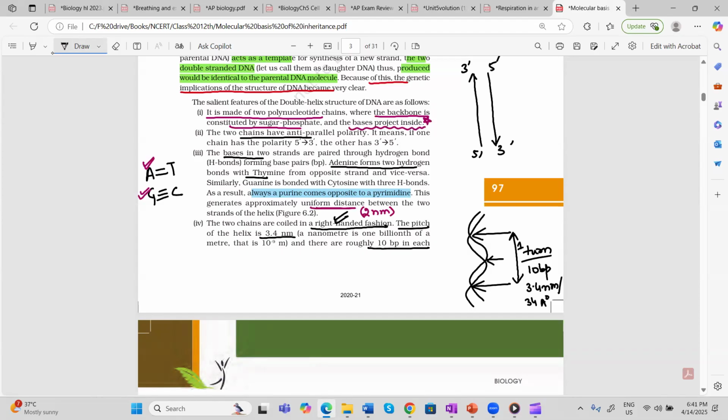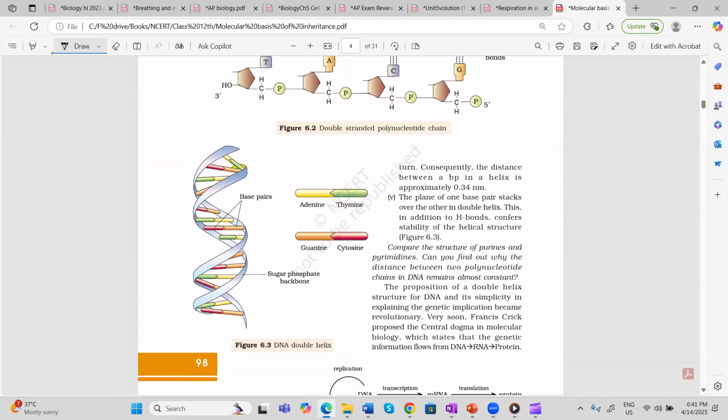Any unit, please write down. Clear? It means the distance between one base pair. As a result, the distance between one base pair is 0.34 nanometer or 3.4 angstrom. Clear? Just note down all these points up till here.